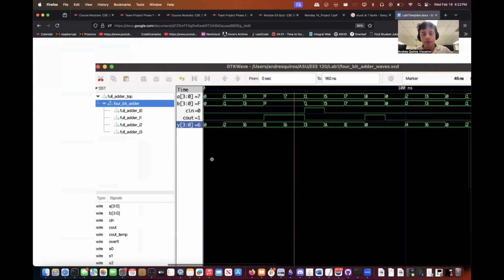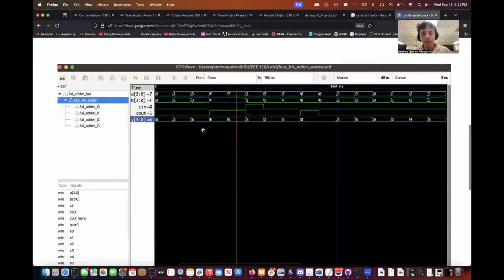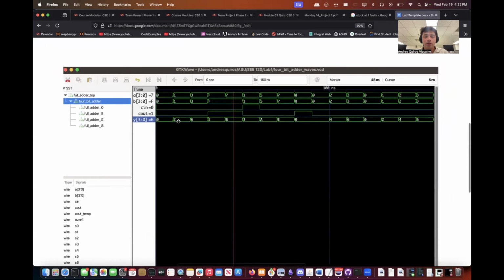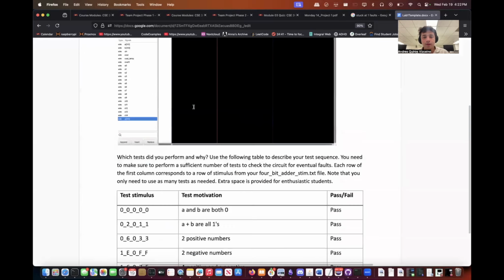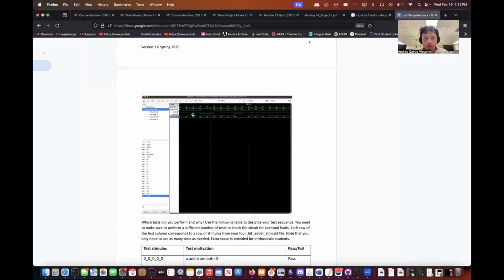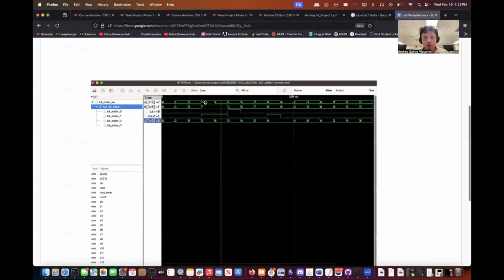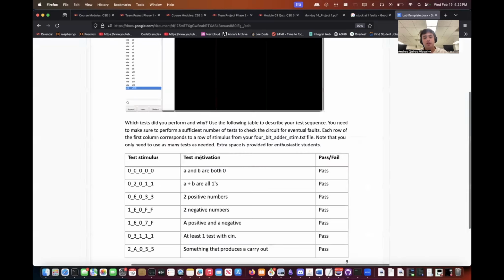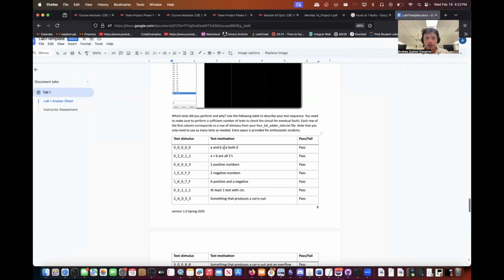And over here we can see the tests I made. In here it's adding 2 positive numbers, 1 and 1. Here's 2 positive numbers again, 1, 3. Over here there are 2 negative numbers. And you can see the stimulus I did. Both A and B are 0, which checks what happens if they're all 0, and this passed.